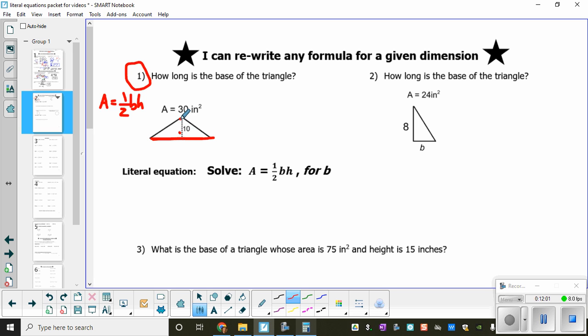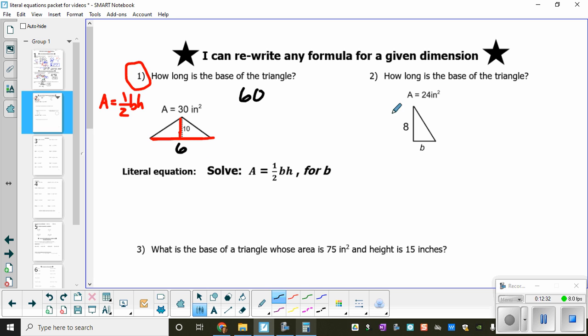Now, I think the first thing most of your brains are going to do is 30 times 2 to get a 60, and then say, okay, what times 10 would give me a 60? So my base down here has to be a 6, because 6 times 10 is 60, and then I'd cut it in half and I'd get a 30. All right, so we just did that in our heads to find the 6.